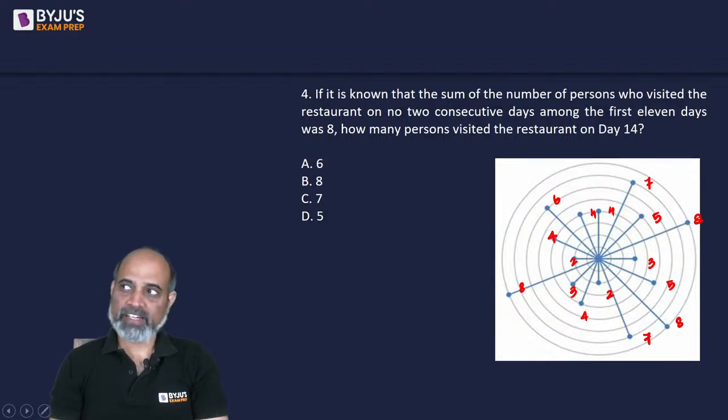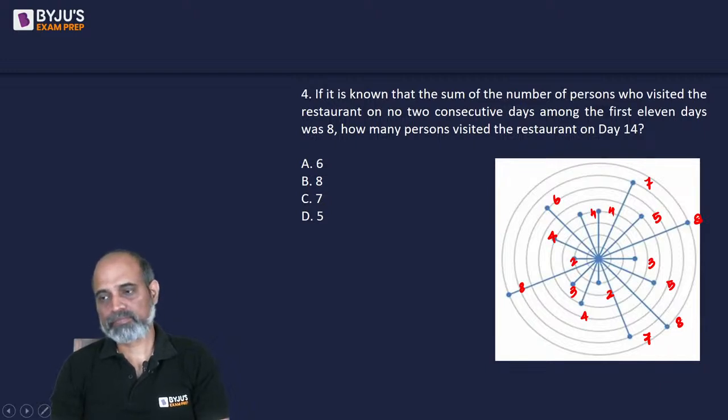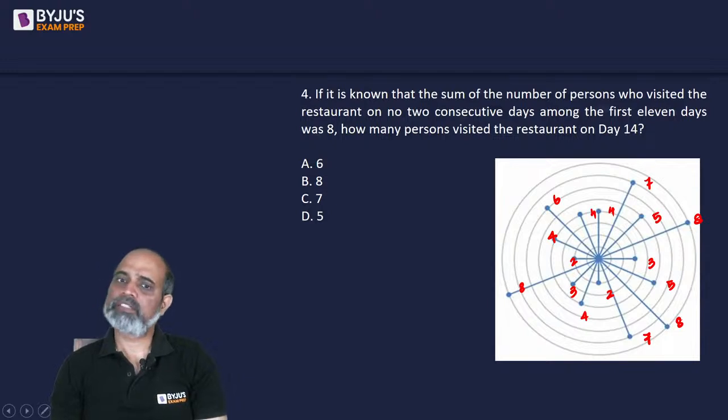So we need to find 11 such consecutive numbers where the sum is never 8, right? That's what this statement means: that the sum of the number of people who visited the restaurant on consecutive days among the first 11 days was not 8.